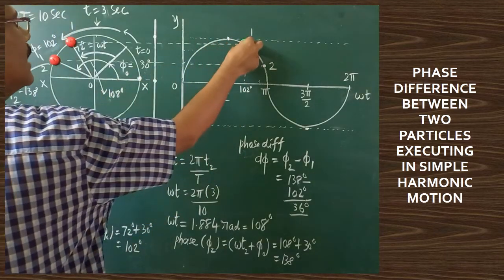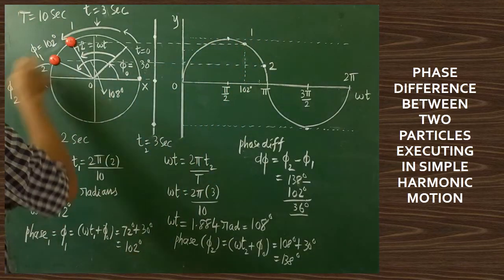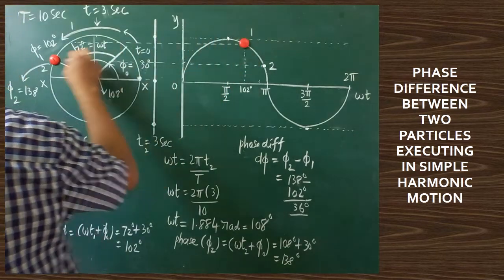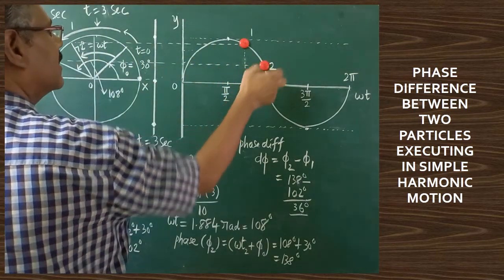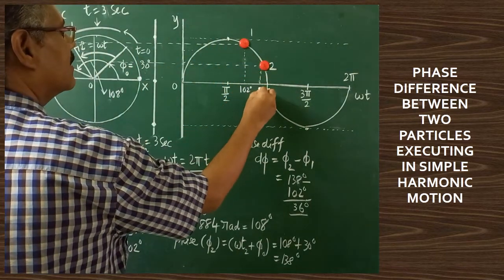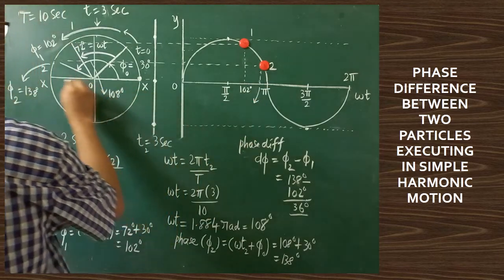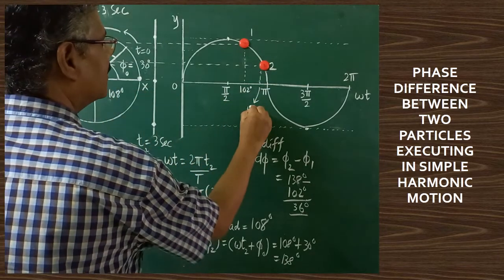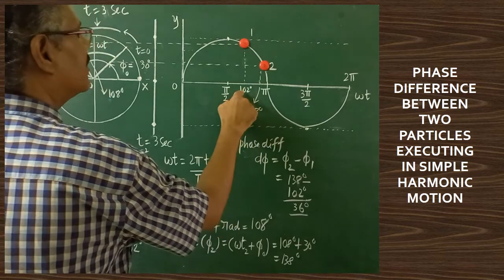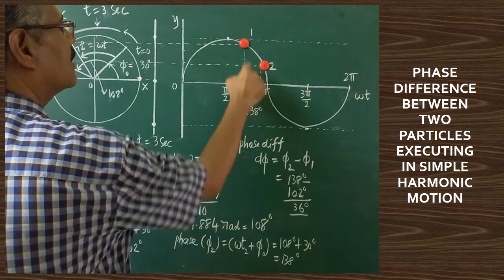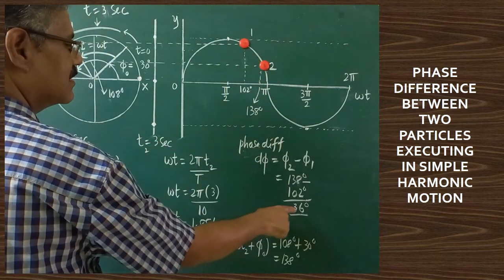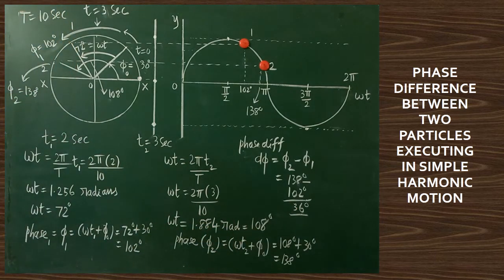Now I am replacing both: the first particle can be placed here, the second particle can be placed here. Extend the line, and there you will get an angle of 138 degree. So in between 102 and 138, what is the angle difference? 36. That 36 is called the phase difference.